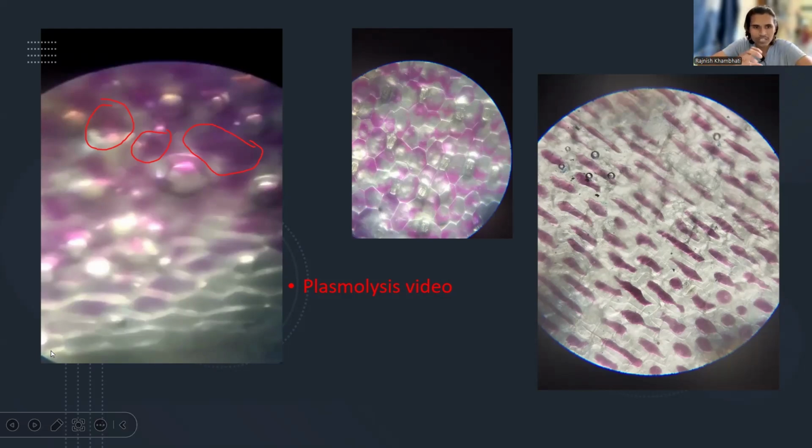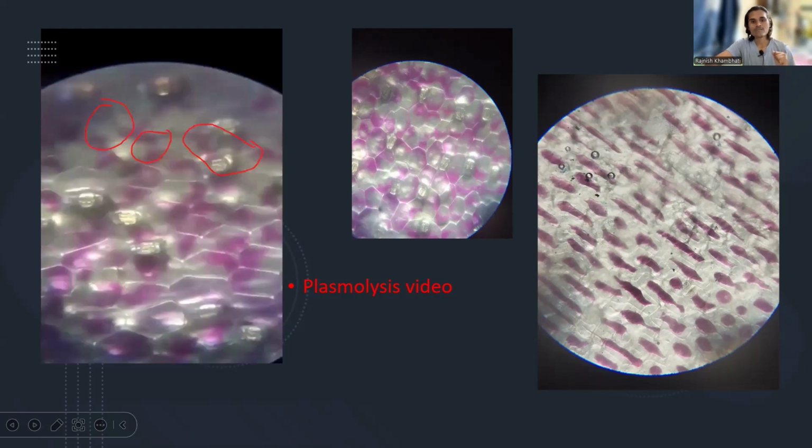Do you see the changes? The video is going a little bit up or down, but you can see the changes compared to the previous one.